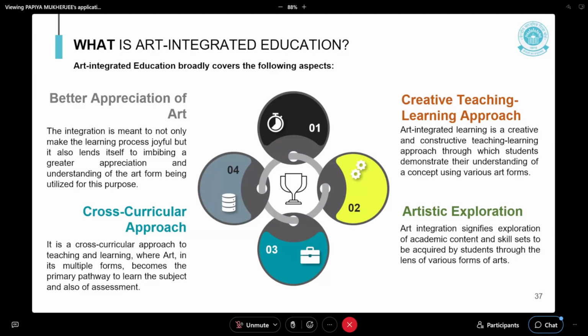One thing has to be taken care of: when we are talking of art integrated learning, children are with us for a long time. We need to expose them to various forms of art, and one must give students this exposure in order to enable them to go for artistic exploration. They can find artistic academic content and understand the concept through the use of various art forms.